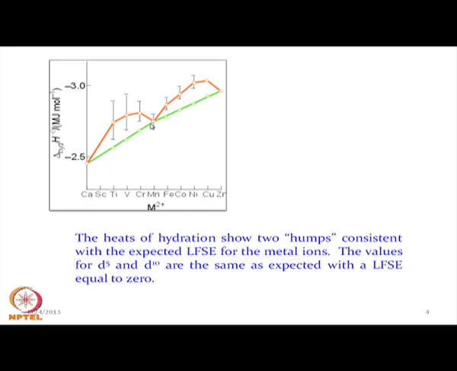But there is a monotonic increase of these values along the green line, showing d0 to d5 to d10, and if we include the contributions of the CFSE, we will have these orange lines forming the double hump curve. But if we do not have the CFSE contribution, all these values will fall on the green line, where we do not have any CFSE contribution for hydration.